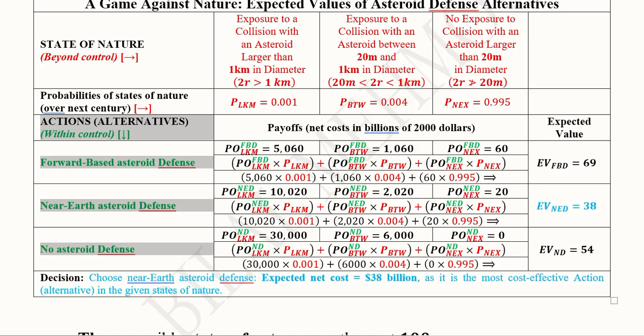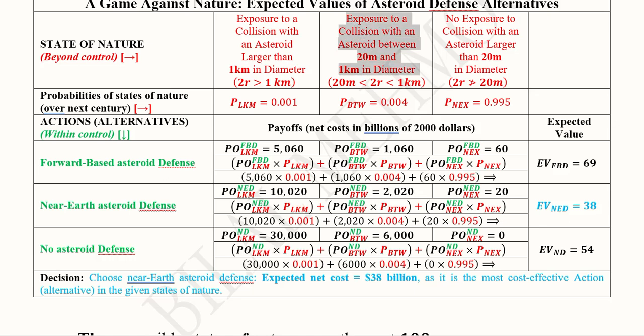The three possibilities are, first, a large meteor or asteroid hitting Earth, with a diameter greater than 1 kilometer. Then there is a slightly smaller asteroid that can hit Earth, with a diameter between 20 meters and 1 kilometer.